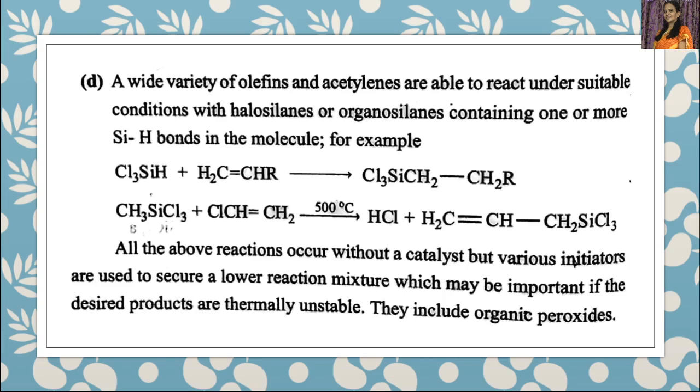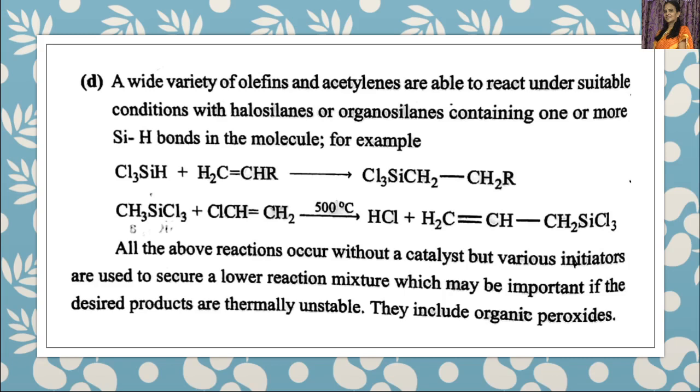Now let's consider this example. This is trichlorosilane; it combines with an alkene to form this particular intermediate. And the next example here: methyl trichlorosilane combines with another alkene, and on heating to about 500 degrees centigrade, we get an intermediate compound which is used for the synthesis of silicones.